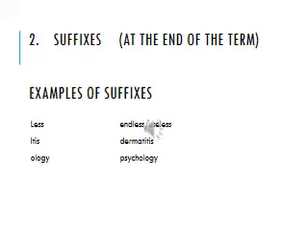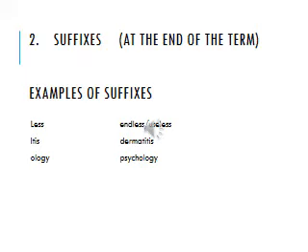The example that you have in front of you now is dermatitis. Derm or dermat always means skin in a medical term. So when we add itis to derm or dermat, dermatitis means inflammation in the skin. Another very famous suffix is ology and ologist.